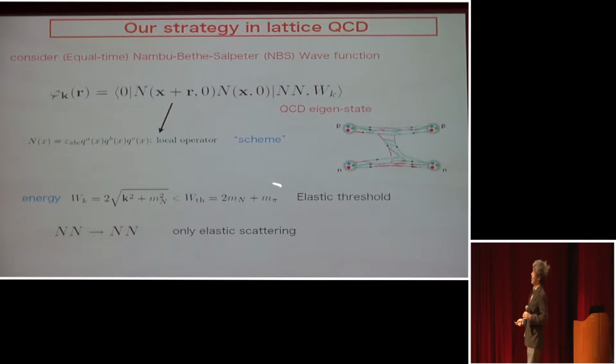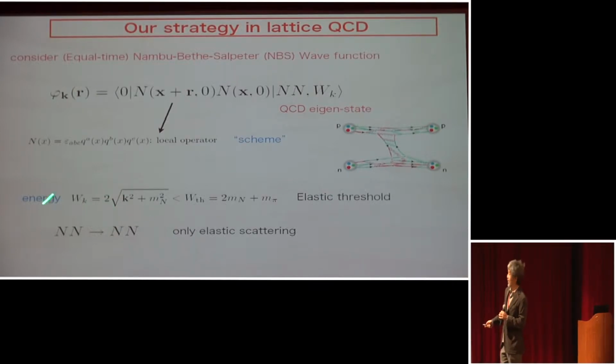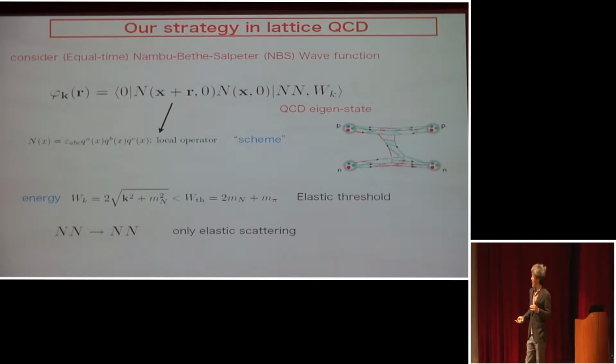This energy is, of course, the relativistic energy, 2 times the square root of k squared plus m_N squared. In our approach, we assume this energy is smaller than the pion production threshold. Therefore, we only consider elastic scattering. Of course, extension to inelastic scattering is possible, but in this talk I keep this condition. So we consider NN to NN scattering.